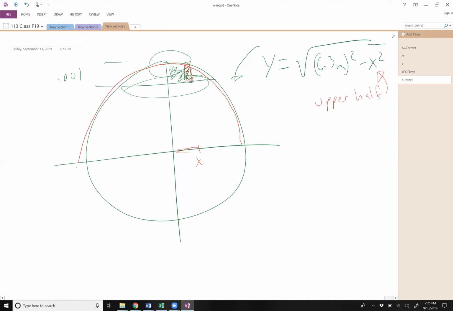So that whole thing. So we're putting the x-axis where we're cutting.